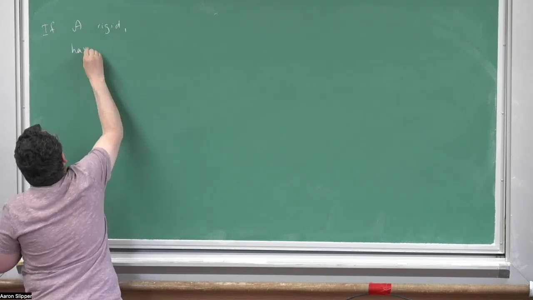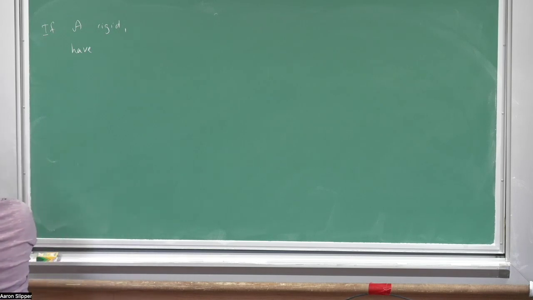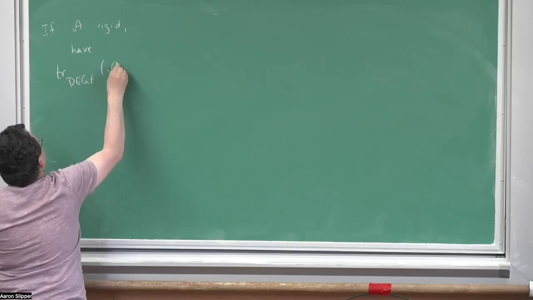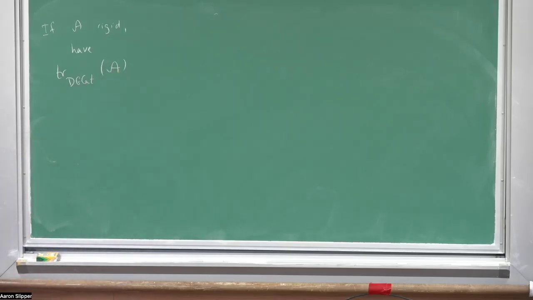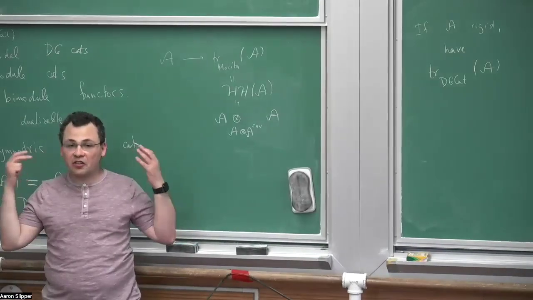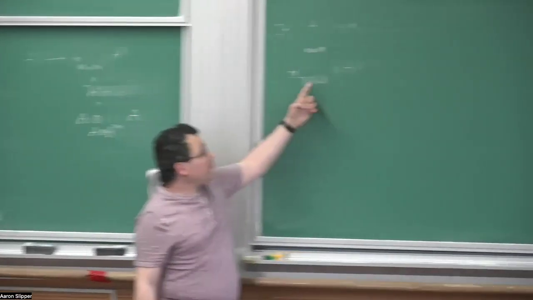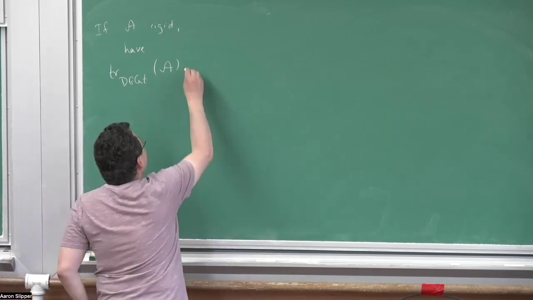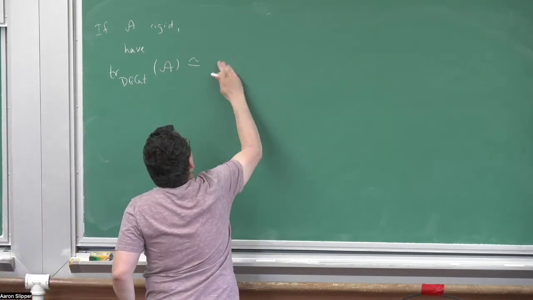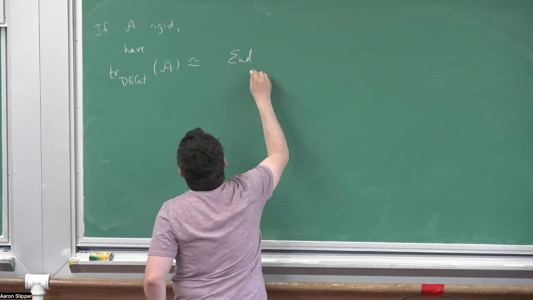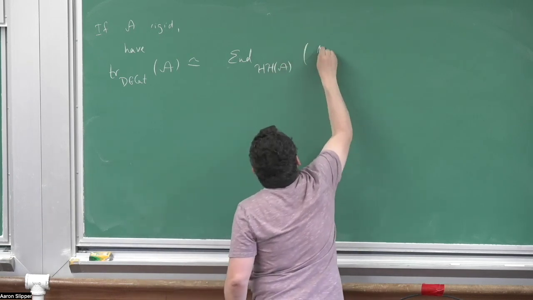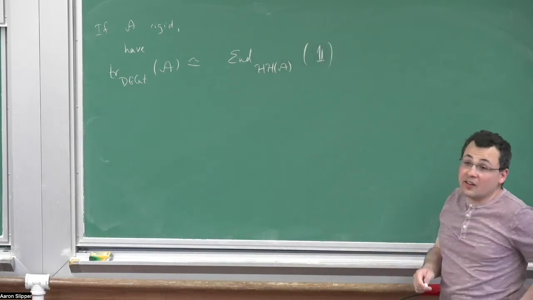We have the trace in the sense of DG categories of A. A rigid category is in particular self-dualizable; it has to be dualizable as just a DG category. So this is some chain complex, some vector space, and this gets identified with endomorphisms inside of A of the unit. So this is one fact.